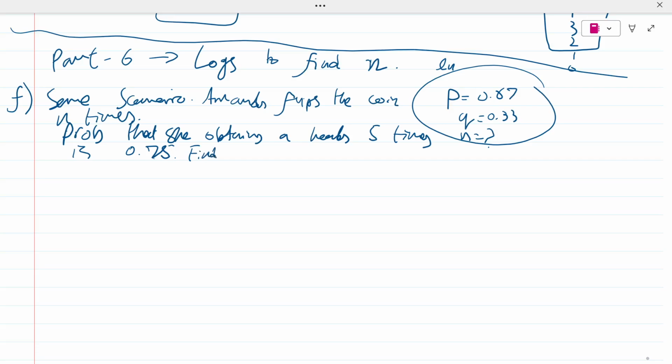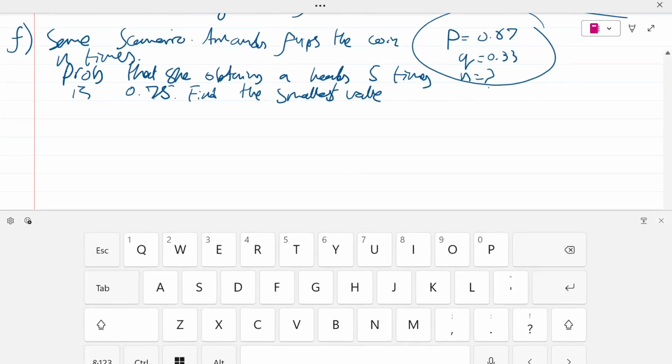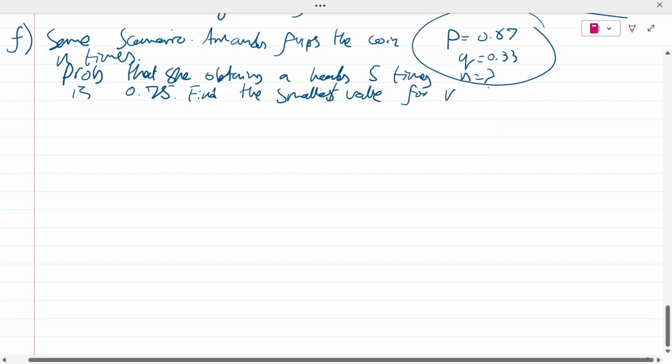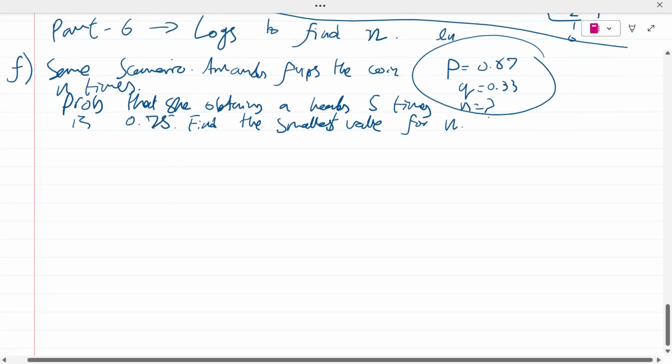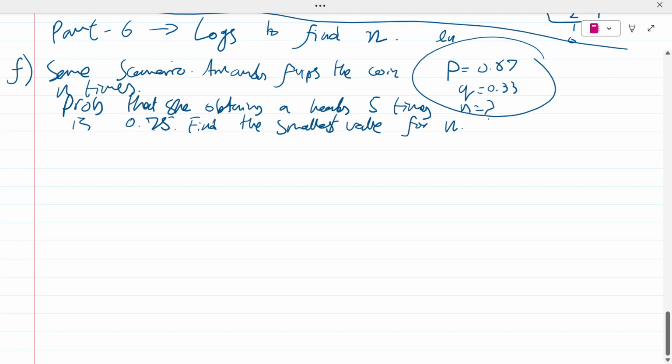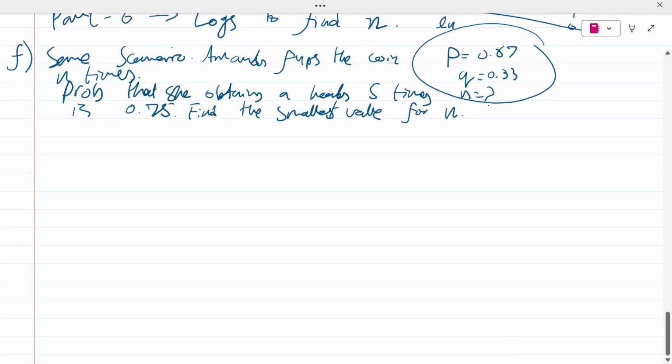We have to find the smallest value for n, right? A more exam-like or professional wording for this could have been: find the smallest value for n for which the probability that she obtains a head 5 times is 0.75. That would have been better, but I don't know why I wrote it the way I wrote it.